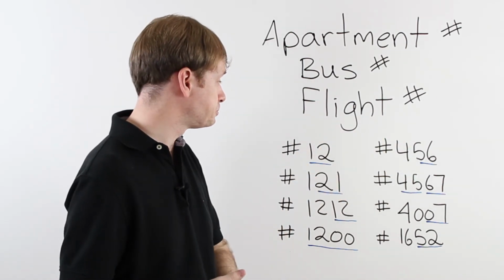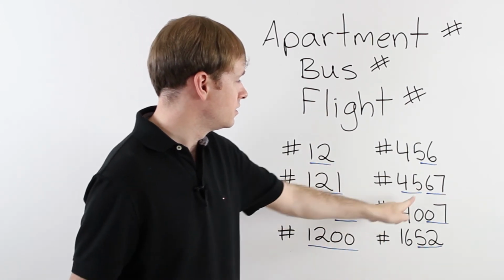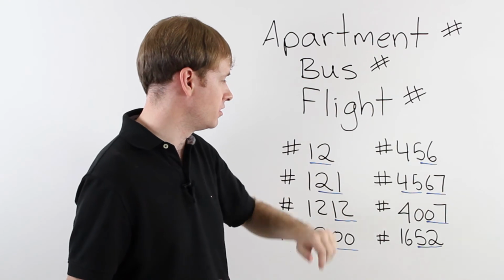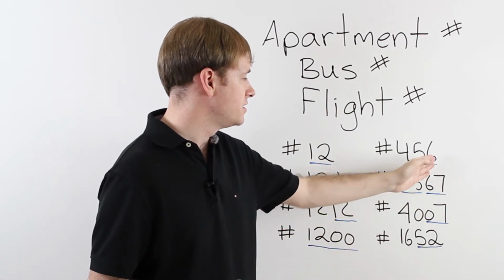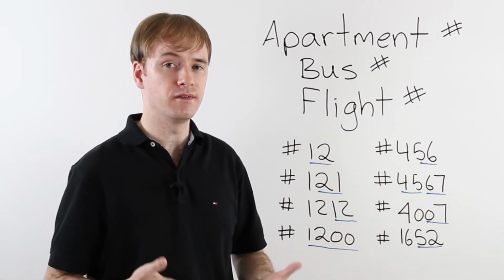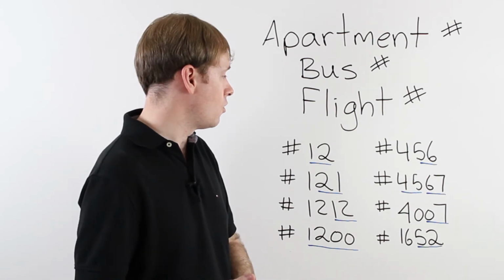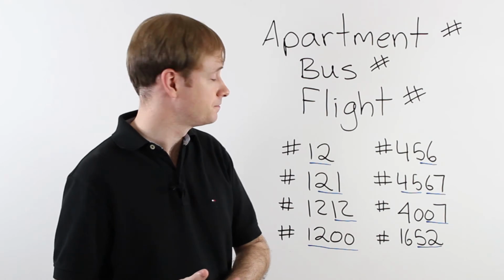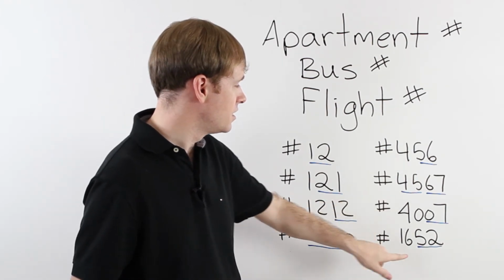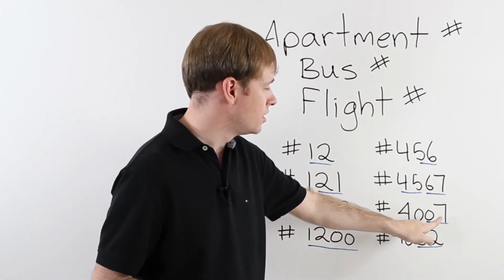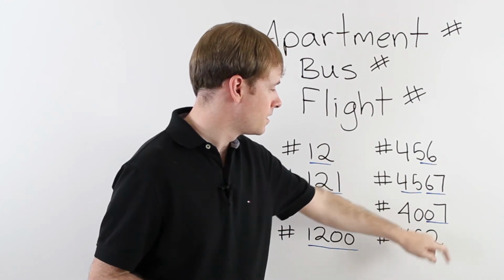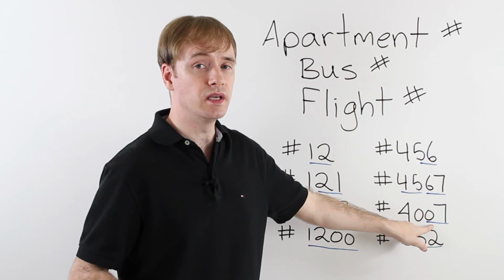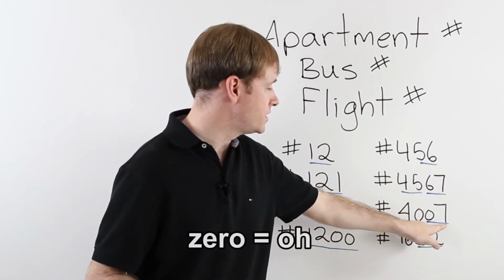That's okay. The next one, the last two, 67. So let's say bus number 45-67. Bus number 45-67. Or you could also say four-five-six-seven. The last two numbers are 0, 7. So we could also say, instead of 0, more commonly we're going to say 07.